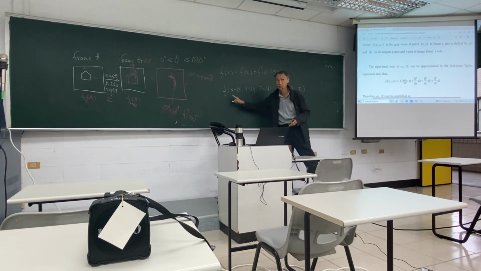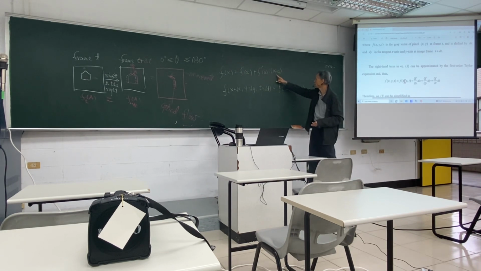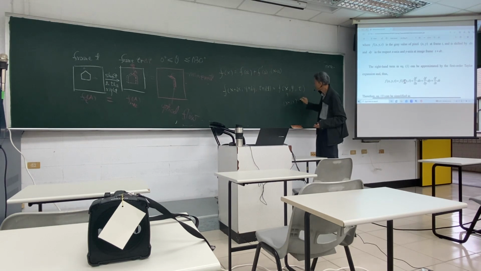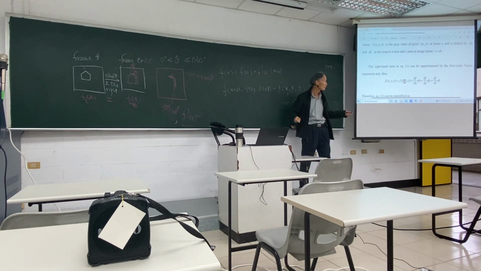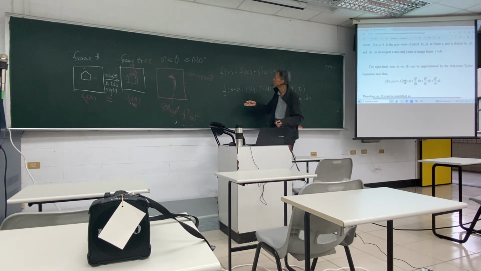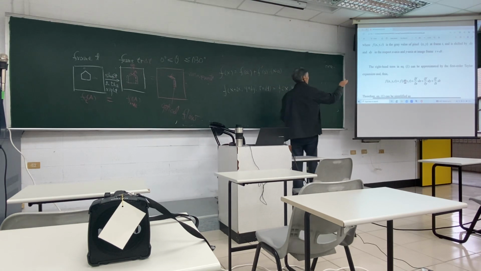This is x, so the difference is x plus dx minus x, so the result is dx. That's why we put dx here. Everyone follow me? This is the first order Taylor expansion for the right hand side.